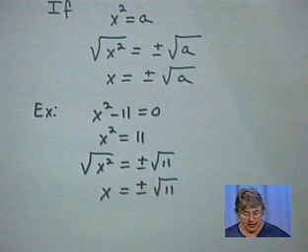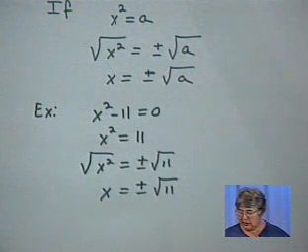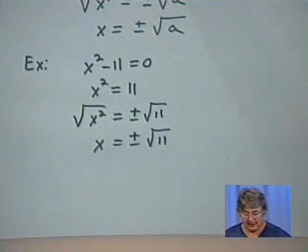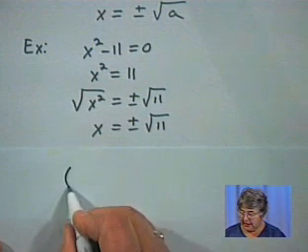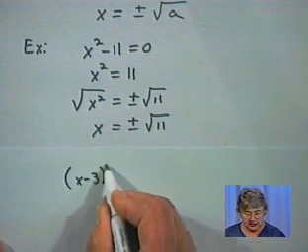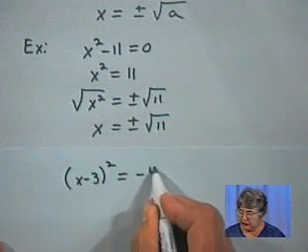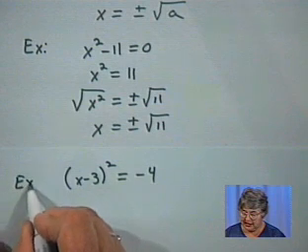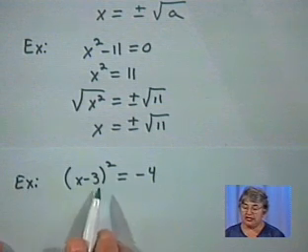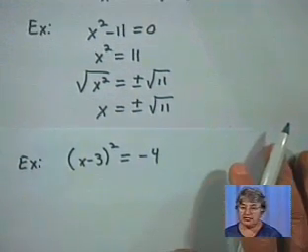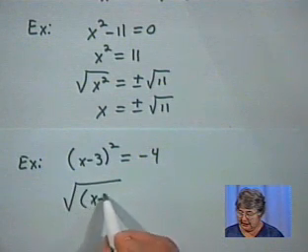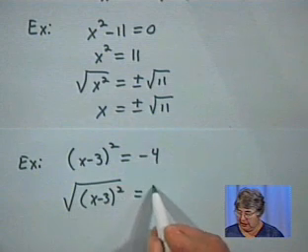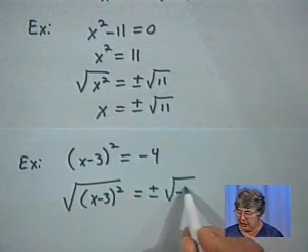Okay? We can extend this property. Suppose we have x minus 3, the quantity squared, equals negative 4. Well, notice that this is a perfect square. So we can take the square root of each side. We'll take the square root of the left-hand side and plus or minus the square root of the right-hand side.